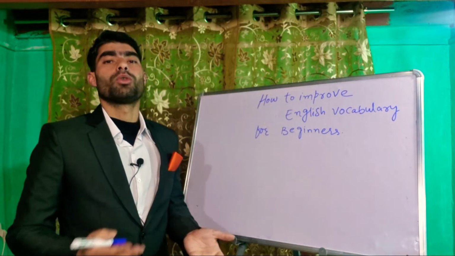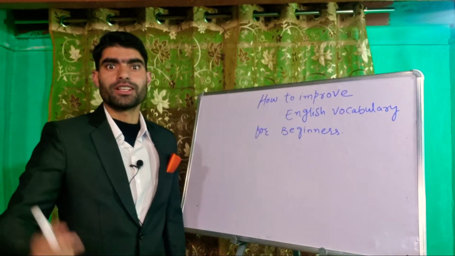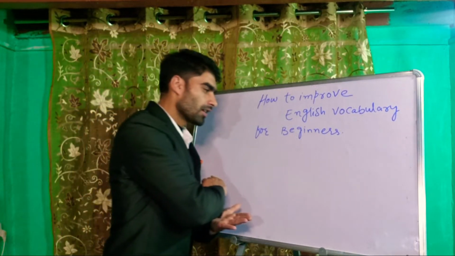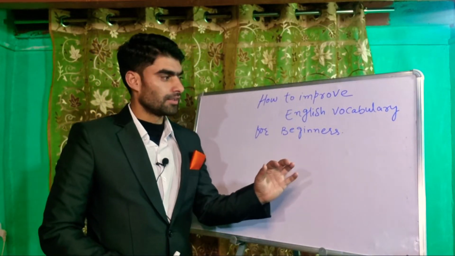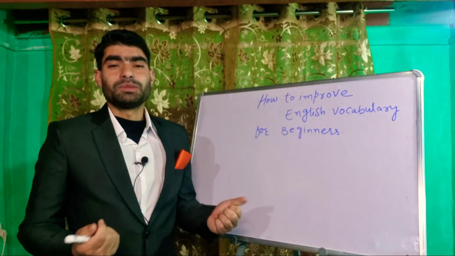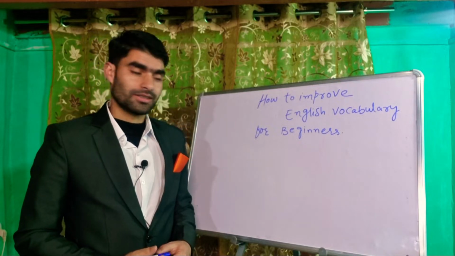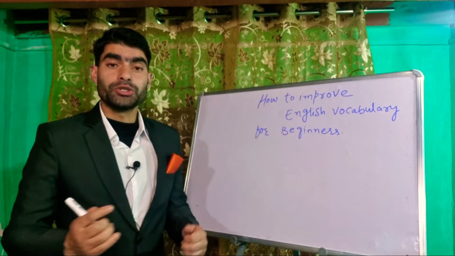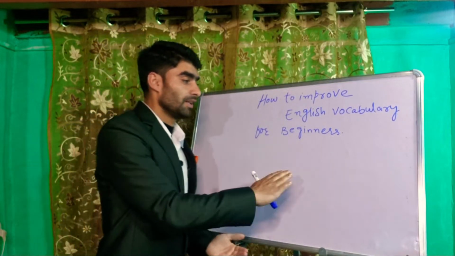That's why they are some of the tallest buildings in the world. Same is the case with your English speaking. If you have a strong base and strong vocabulary, then you can speak English fluently and confidently. That's why I'm teaching you vocabulary first, because this is the base of English speaking.